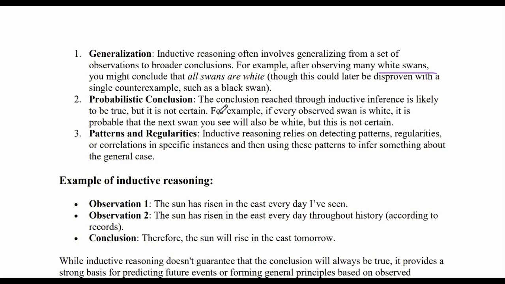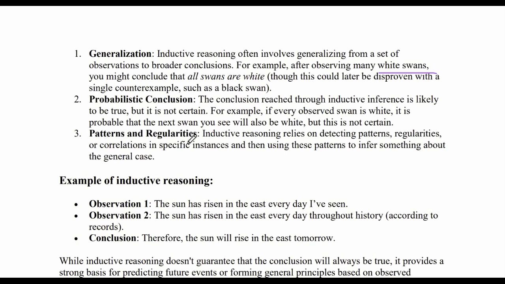Probabilistic conclusion: the conclusion reached through inductive inference is likely to be true, but it is not certain. For example, if every observed swan is white, it is probable that the next swan you see will also be white, but this is not certain.